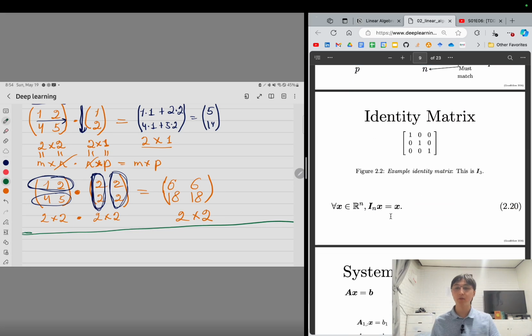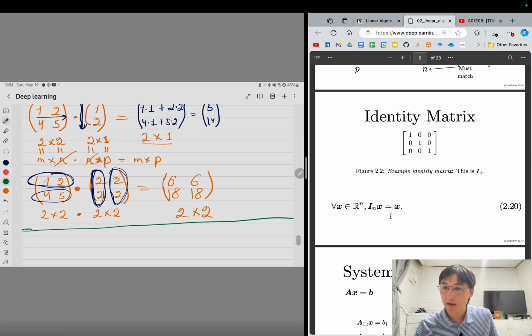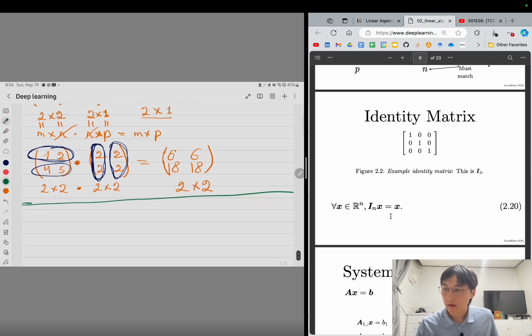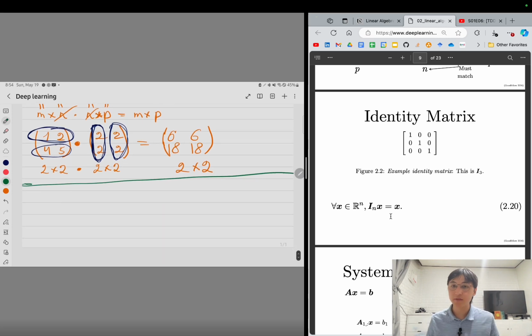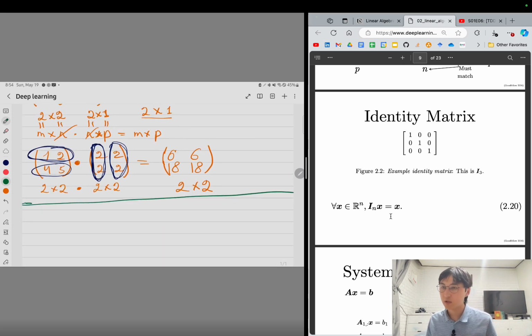Next thing, very important, the identity matrix. An identity matrix is a matrix where the diagonals have the value of 1 and everything else is 0. And identity matrices are always square matrices.